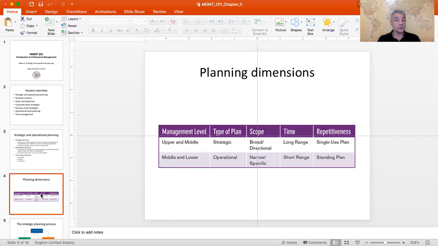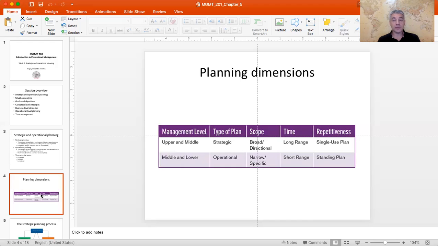In terms of who does planning in organizations, that depends on what kind of planning we're talking about. For strategic plans, typically you have upper and mid-level managers involved. The scope of those plans is typically broad. And again, as I said before, in terms of time, they are long range. And typically, with strategic plans, these plans are single use.